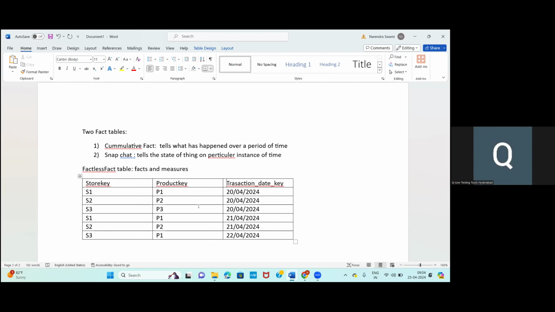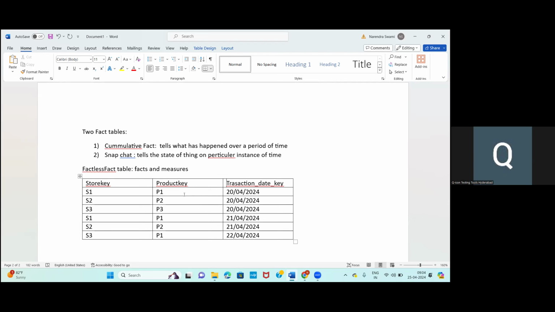You can see on a particular store on a particular day how many products sold, right? For a particular product on a particular day how many times it sells, right? We can derive something. So even though we have only keys in a fact table, we can derive something, and that is called a factless fact table.